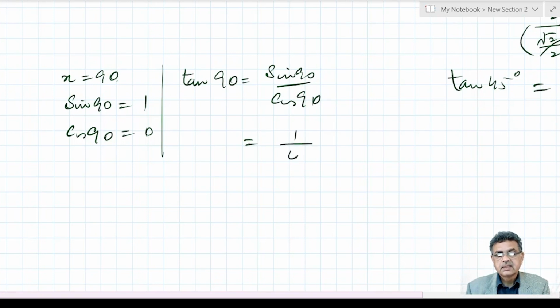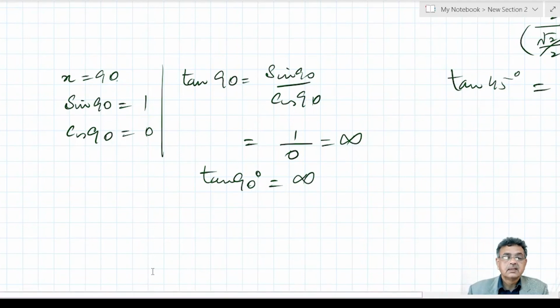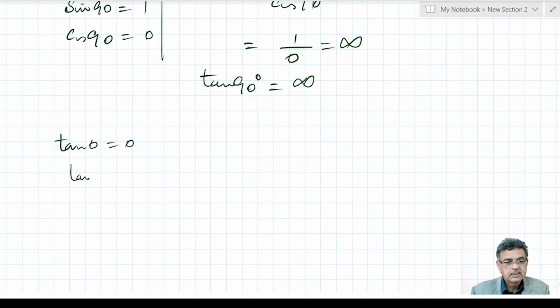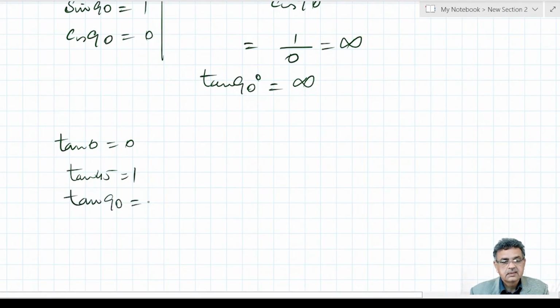This is 1 and this is 0, so this is infinite. So tangent 90 degrees is infinite. These 3 points at least, I write them side by side: tangent 0 is 0, tangent 45 is 1, and tangent 90 is infinite.